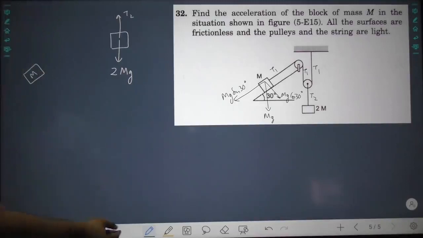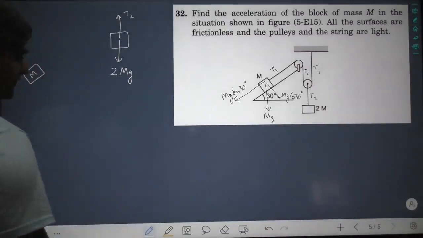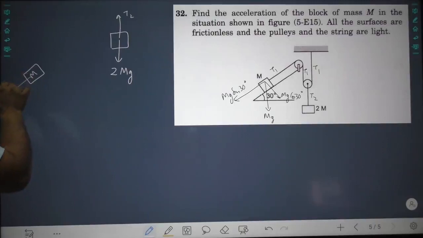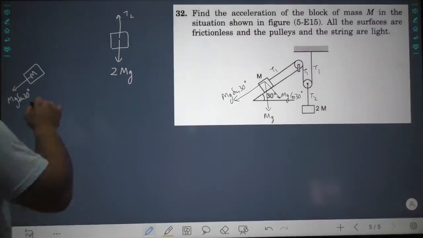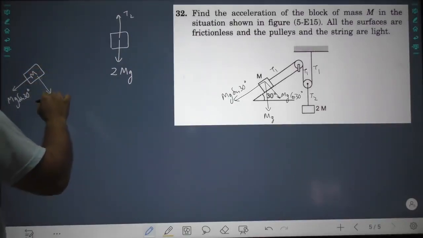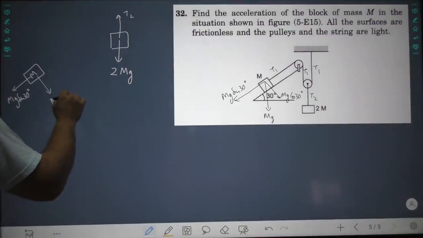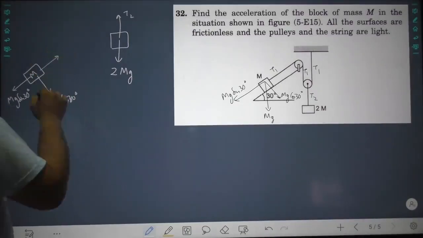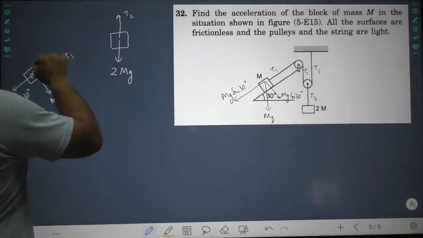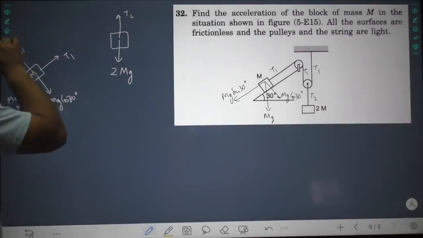Okay, now let us write down the forces. For this, you have in the backward direction mg sin 30 degree, in the downward direction mg cos 30 degree, here T1 and the normal reaction.